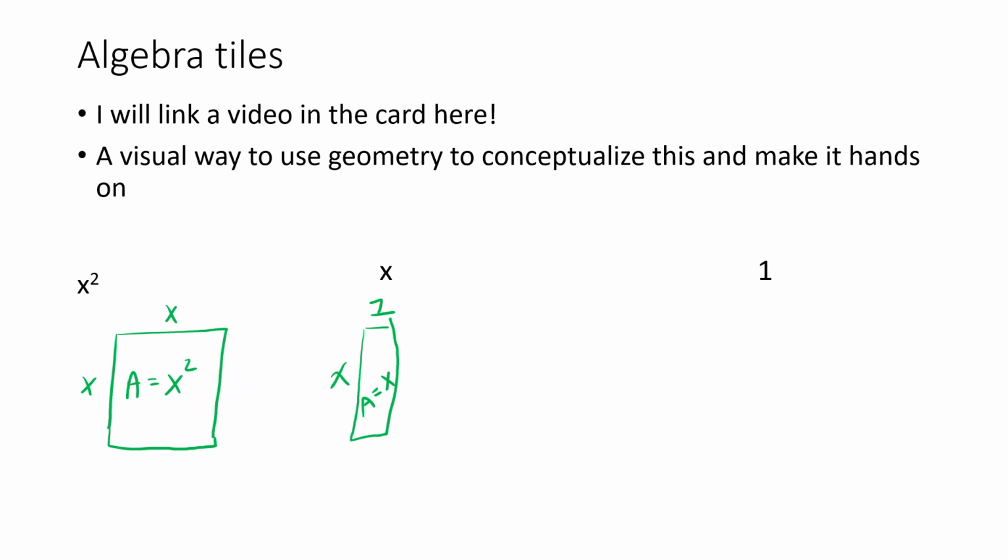And then your ones would be something that look like this. It would be 1 by 1, and the area of a 1 by 1 square is just 1. And this one matches up with this one here. So you could, in theory, stack them, and the different edges would match up. So you'd have x, x, x, 1, 1, 1, and they would all match up.